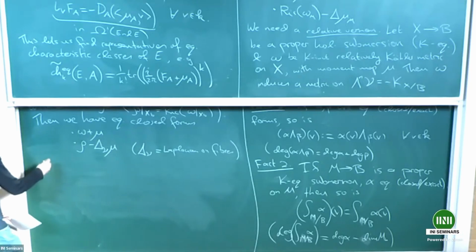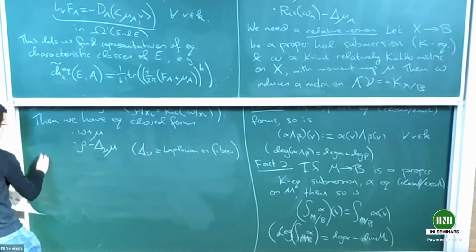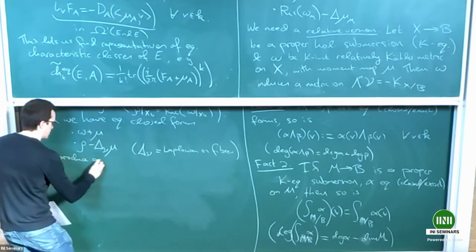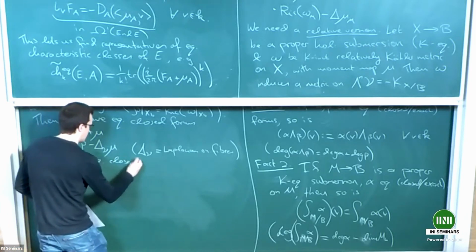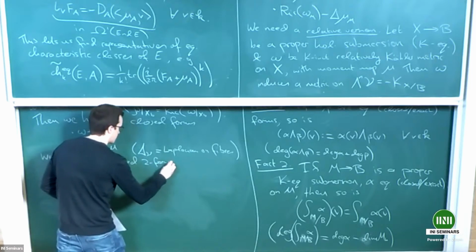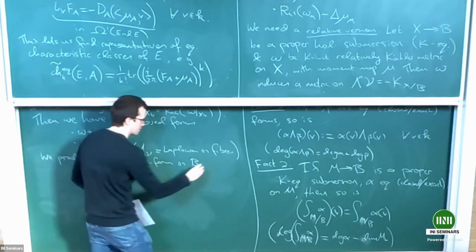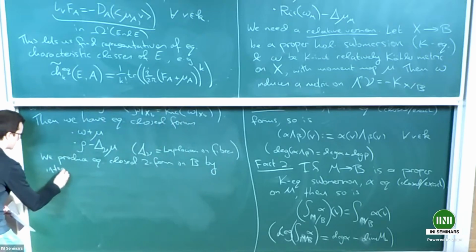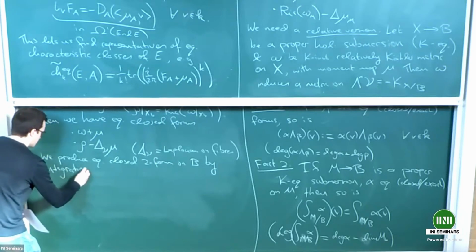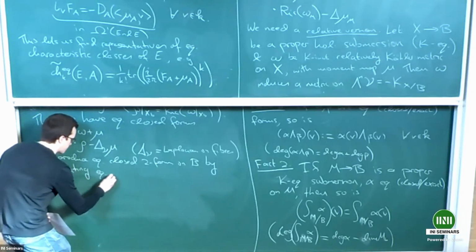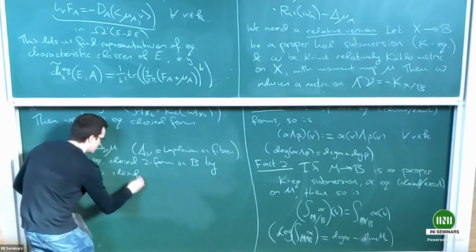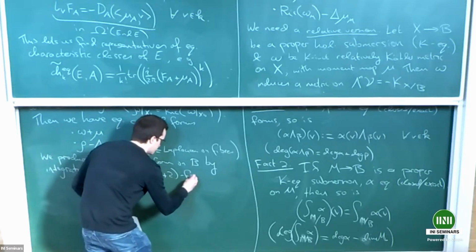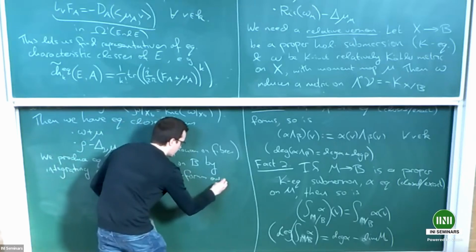So first, we produce equivariant closed 2 forms on B by integrating equivariant closed 2n plus 2 forms over fibers.